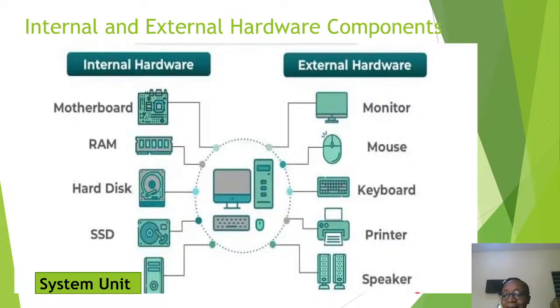These things are normally seen inside the system unit. Then on this side where we have the external hardware components, you see the monitor, the mouse, the keyboard, the printer, and the speaker. Okay, so we now try to look at some of these things in a little bit more detailed form.